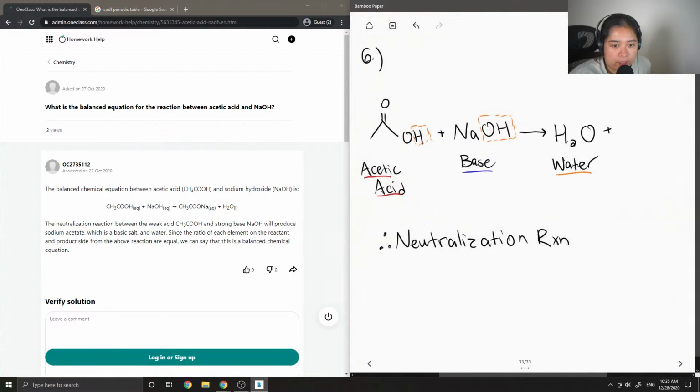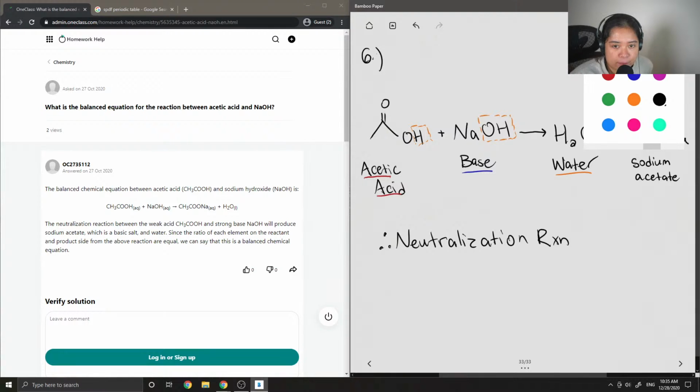And the remaining salt that takes place is sodium acetate. So this is the acetate ion, and sodium is Na+. So it is sodium acetate.